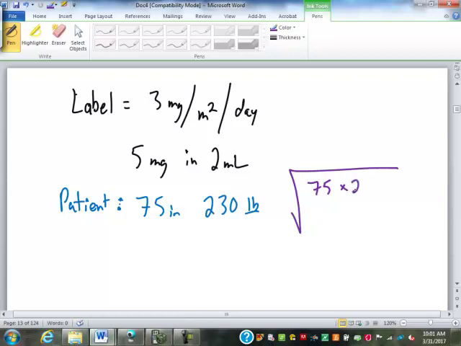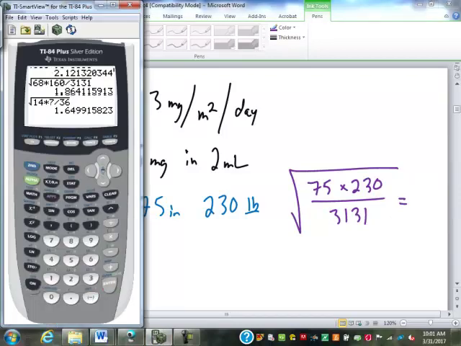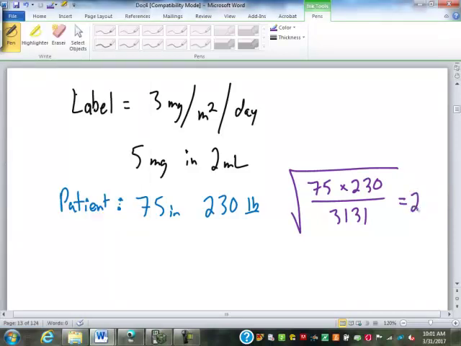So height times weight, 75 times 230, over, which one are we going to use here? 3131, perfect. So the square root of 75 times 230 divided by 3131. 2.35 meters squared.